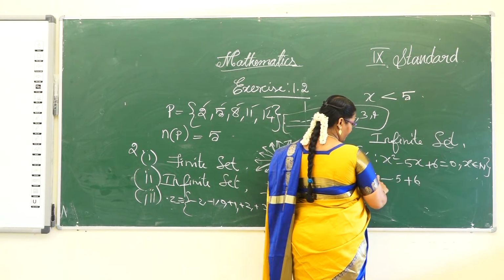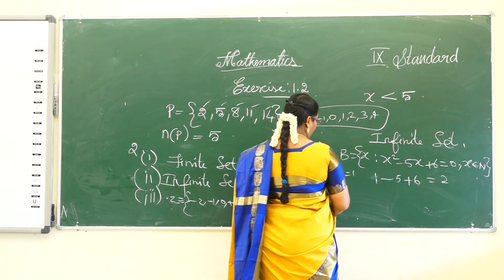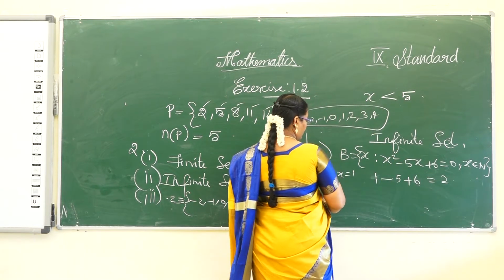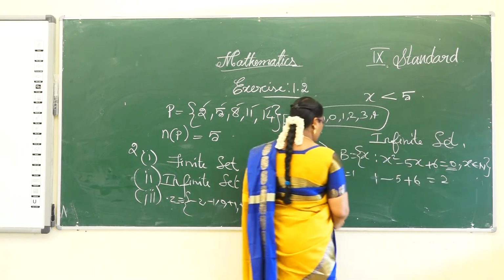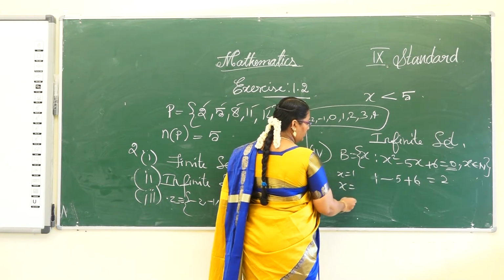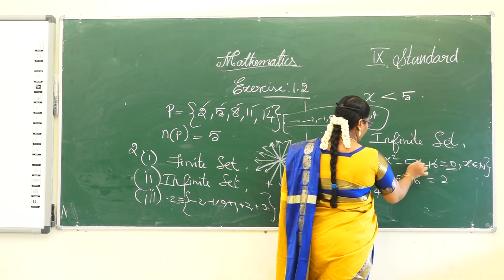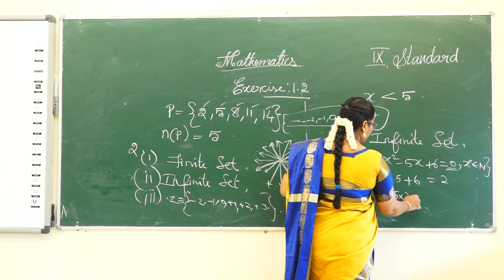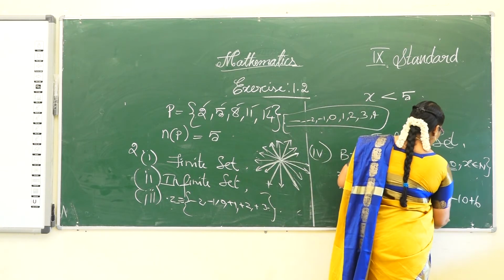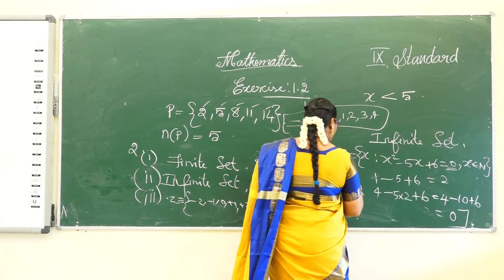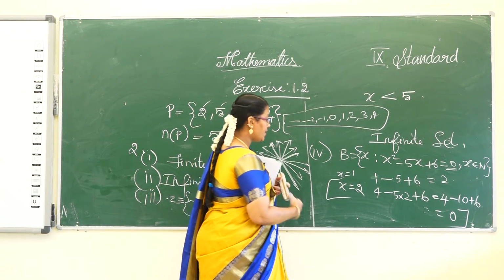What do we get? 2. And next x equal to 2, 4 minus 5 twos are 10. So 4 minus 10 plus 6 will be 0. It is satisfied. The x value is 2. So it is a finite set.